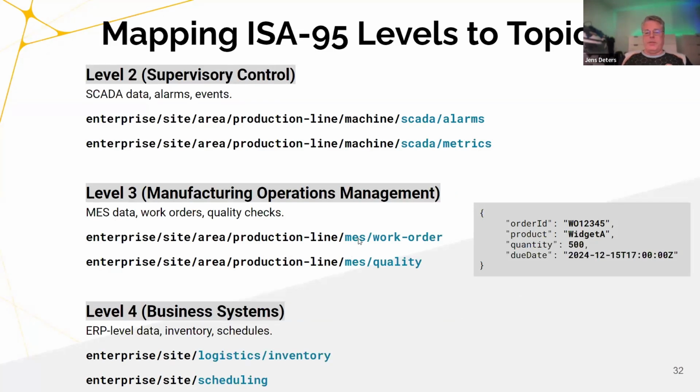Then you're introducing your MES topic level, and this is a brief example of how a work order could look. I'm pretty sure in a real production system the work order is more blown up, but this is a very simple one to create the quantity of 500 for the product widget A.